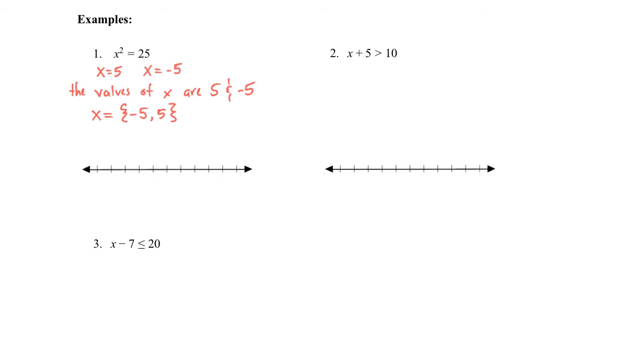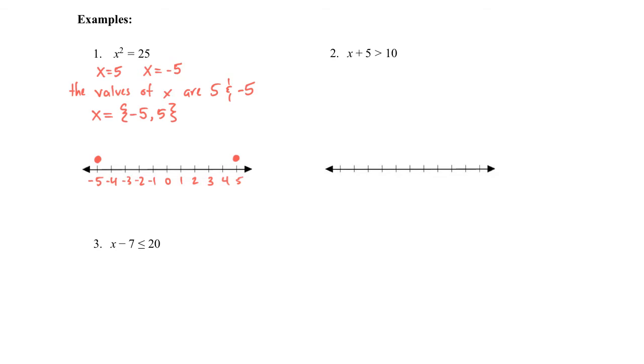So there's set notation. And now if I want to label this as a graph, I need -5, -4, -3, -2, -1, 0, 1, 2, 3, 4, 5. And I want a dot at -5 and a dot at +5. So that's kind of what that looks like.